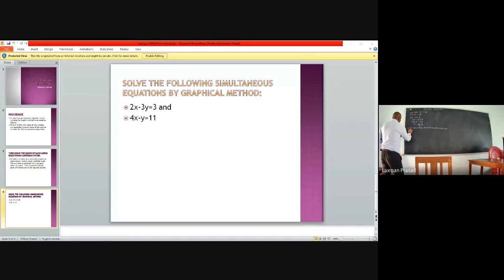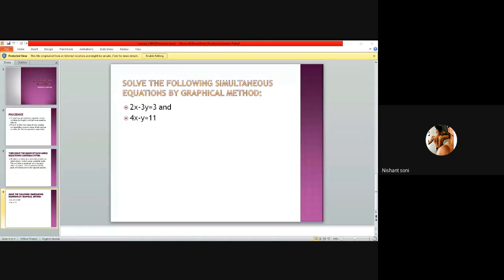So, if x equals, suppose, 0, then the value of y equals, so first I am giving the value of x equals 0.